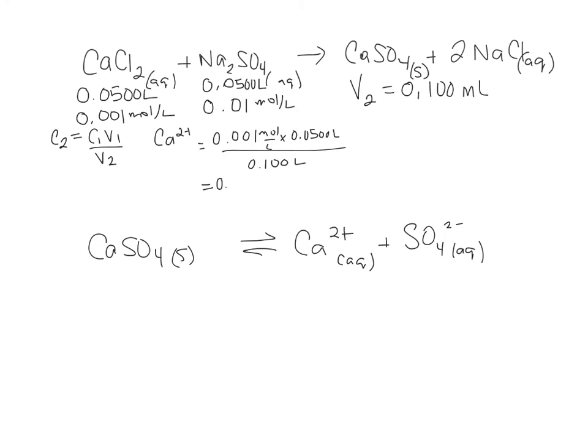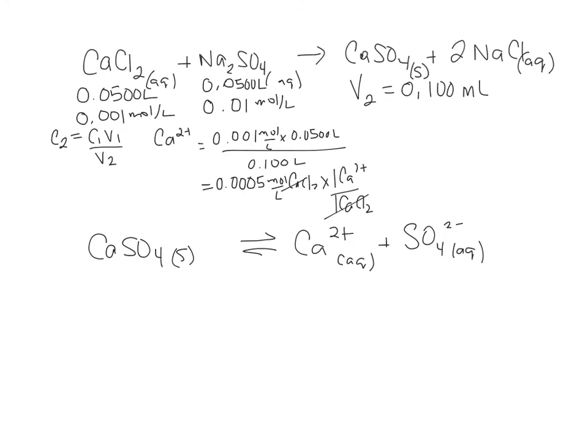So this is 0.0005 moles per liter calcium chloride, but there's 1 calcium for every 1 calcium chloride. So now we know the concentration of calcium ions.